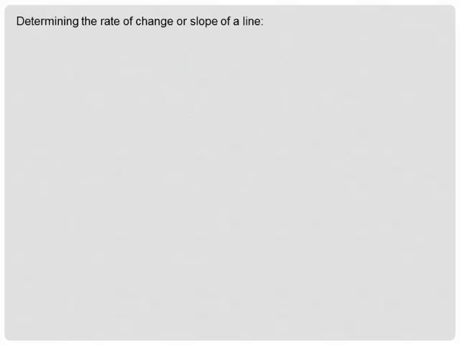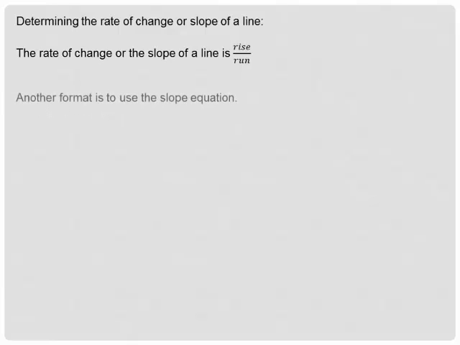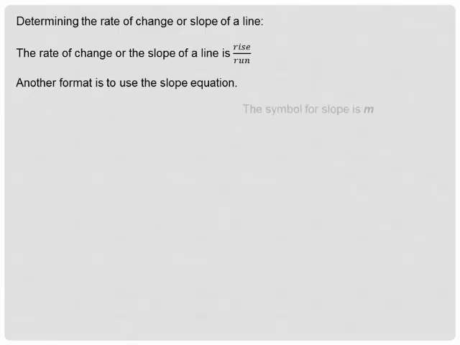We can also determine the rate of change or slope of a line in another way, remembering that the rate of change or slope is rise over run, and then we can use the slope equation. The symbol for slope is m, because m stands for magnitude, and magnitude is the same thing as steepness or slope.